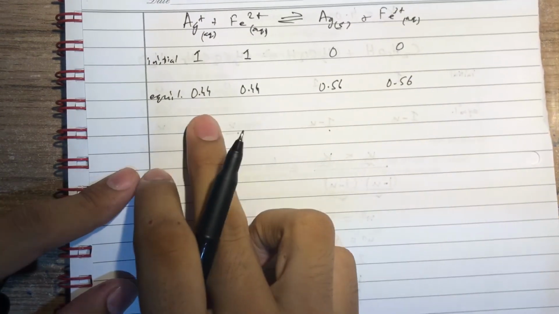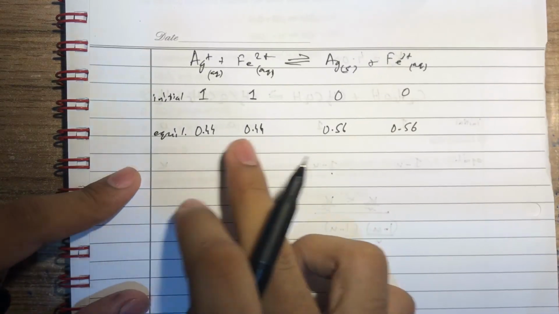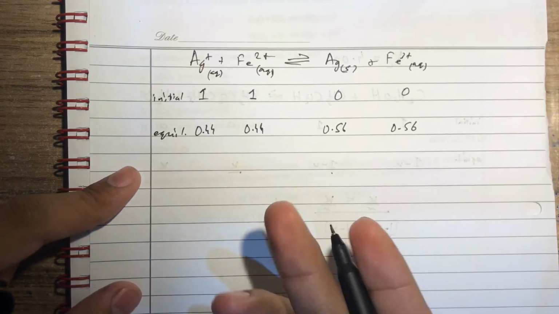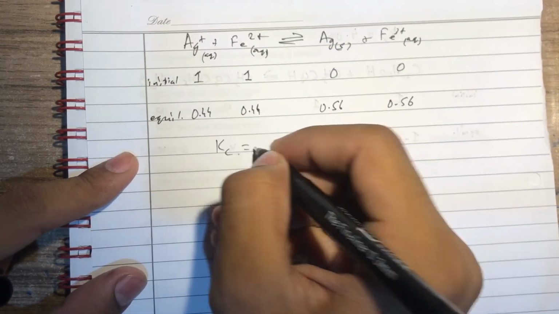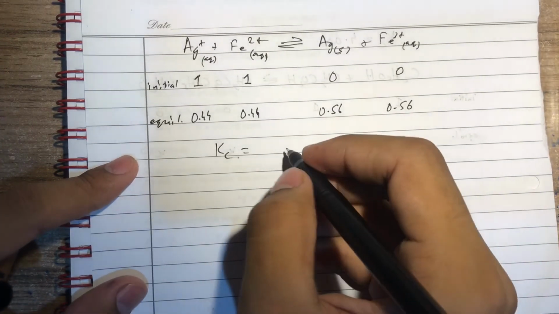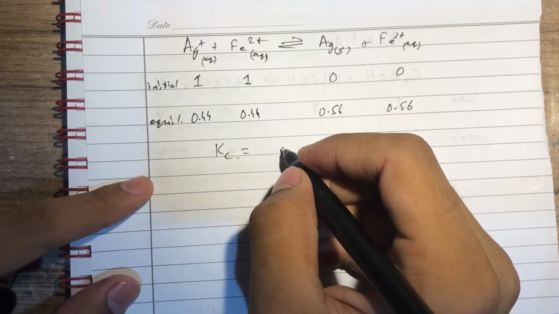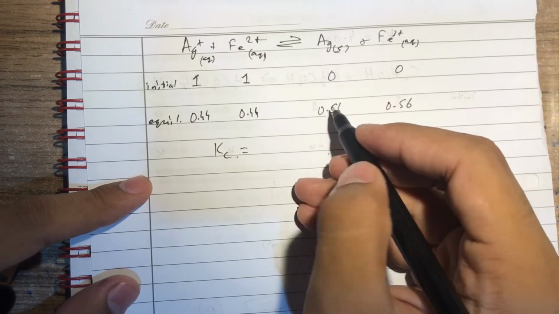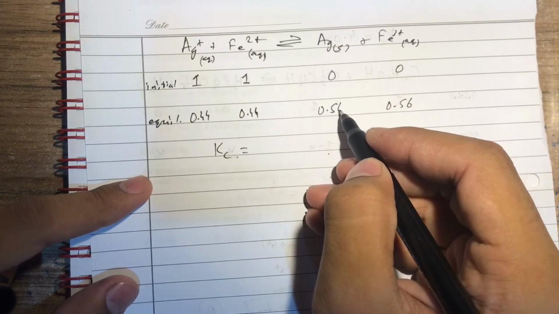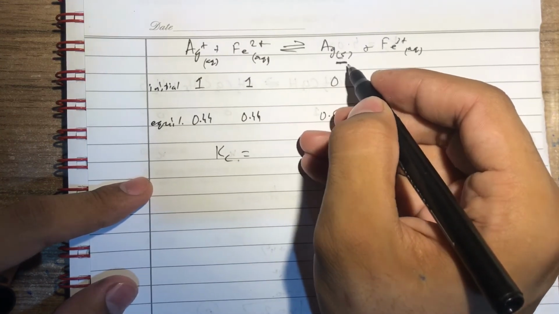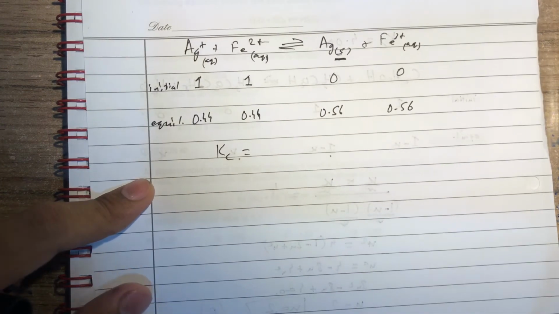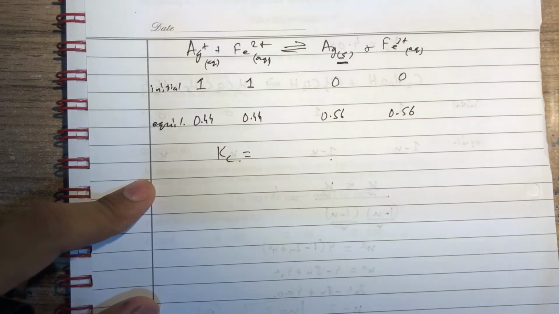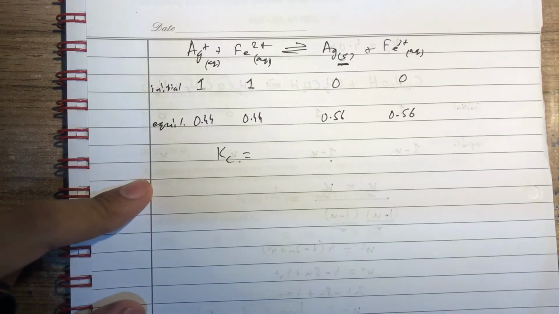So the concentration will be the same as the moles, because when you divide them by 1, you will get the same thing. So for Kc, we have the concentration of products upon the concentration of reactants. One mistake that a lot of people make over here is that they take the concentration of Ag as well. Ag is a solid, and in the beginning I said that solids are not taken into consideration in the calculation for Kc because they do not have a concentration.